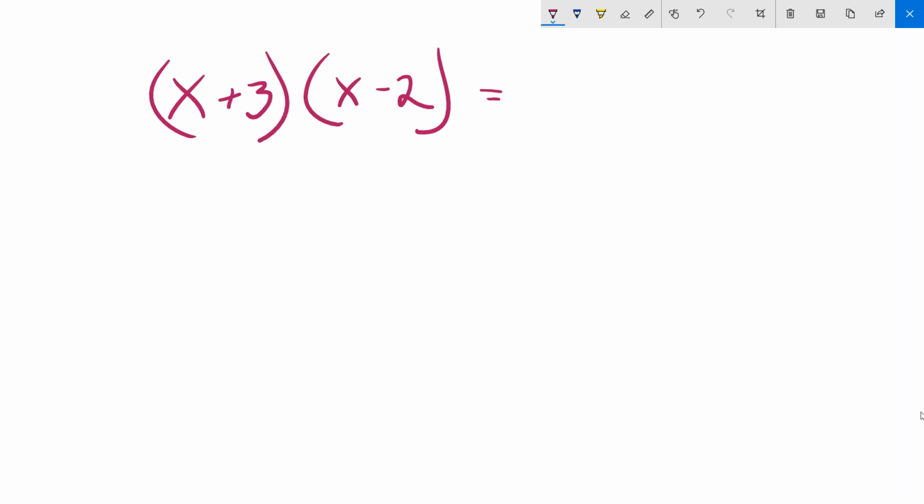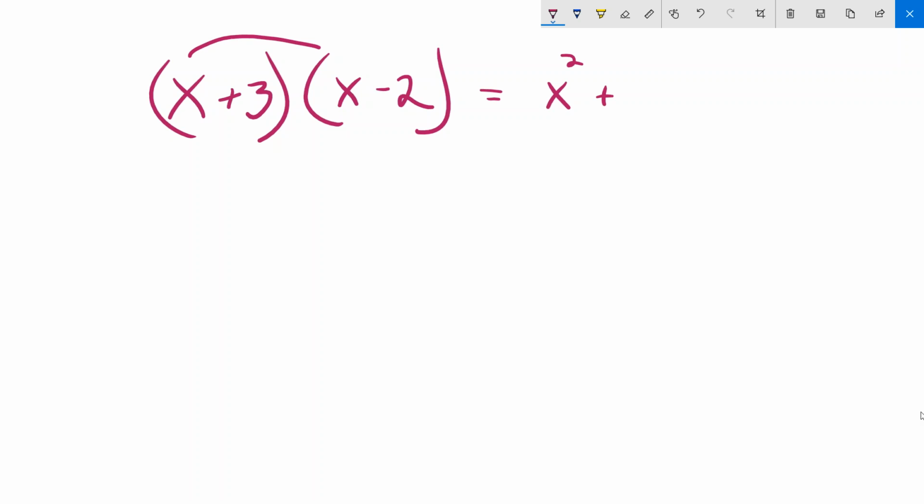I'm going to show you my technique for factoring. It kind of starts with foiling. Have they taught you that expression? Yeah. Okay. What's that equal to? x squared plus 2x plus 3x minus 6.